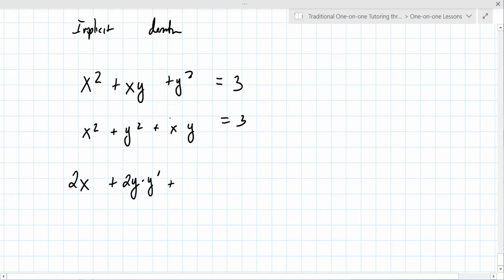So the derivative of xy is first times the derivative of the second. The derivative of y is 1, but it goes with a y prime. Plus, derivative of the first is 1. You keep the y, so you don't need a y prime.